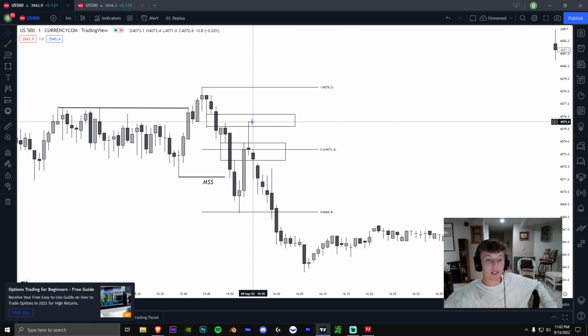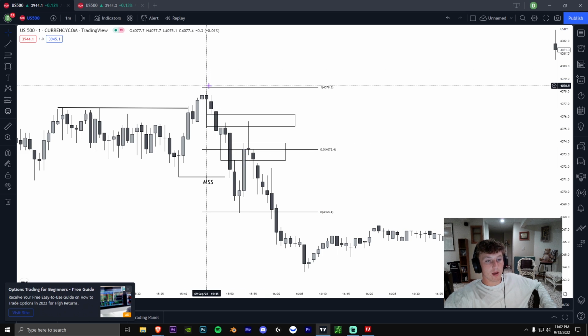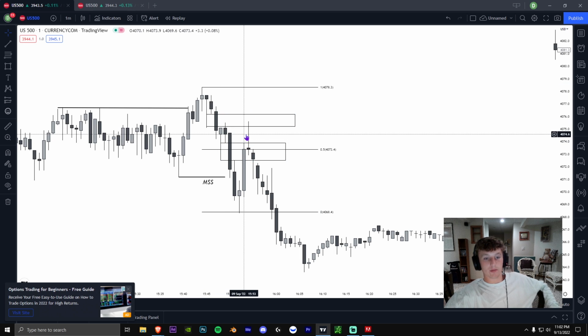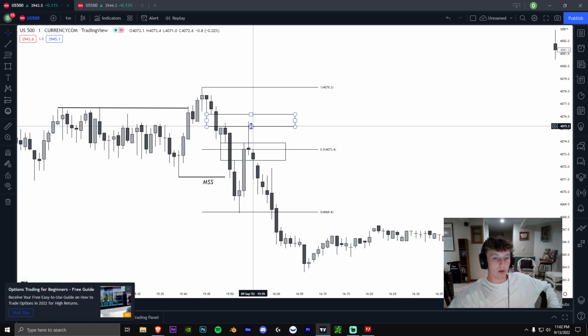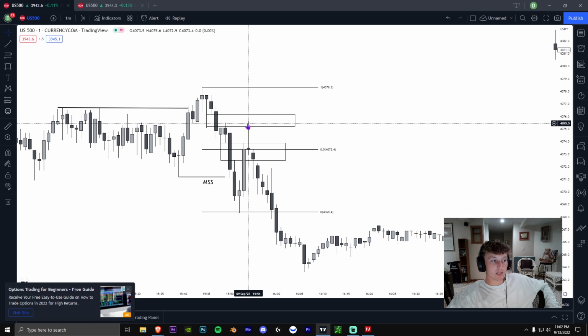So it depends on your risk management. Some people would have had a limit here. Some people would have had a limit here. But if you had a limit here, your stop loss should be up here. And I know for a lot of people's risk management that would be way too big of a stop loss. So what you can do is set a limit here, but you have to expect you might not be filled, because this fair value gap could be big enough to cause a rejection here and just go down there.